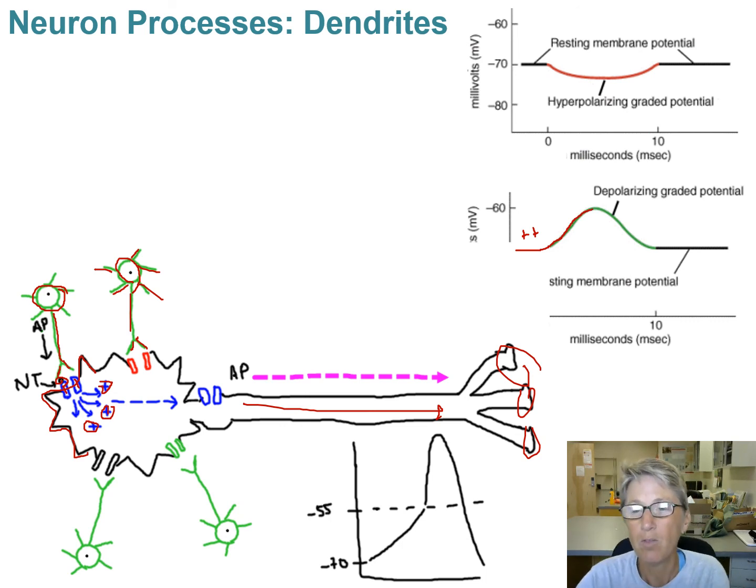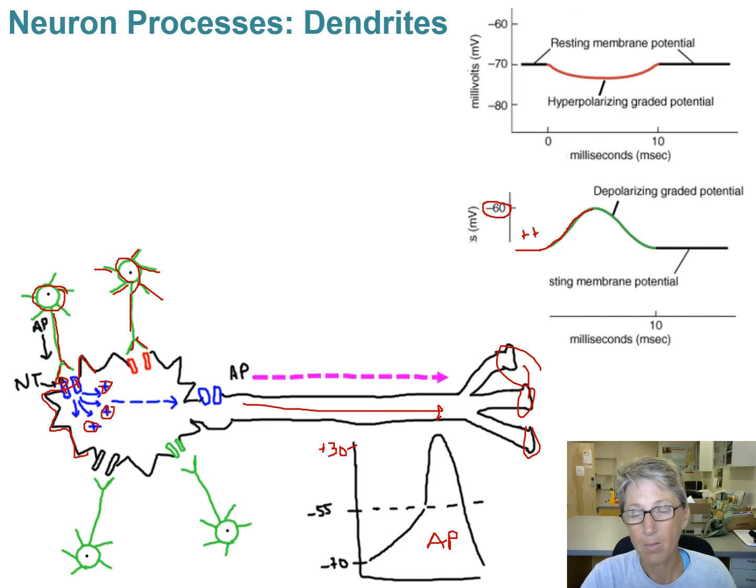You can see here the depolarizing graded potential only goes to about minus 60 millivolts, in contrast to the classic action potential that travels along the axon that can actually depolarize to about plus 30 millivolts. So this would be a cartoon of an action potential, and that would happen in the axon.